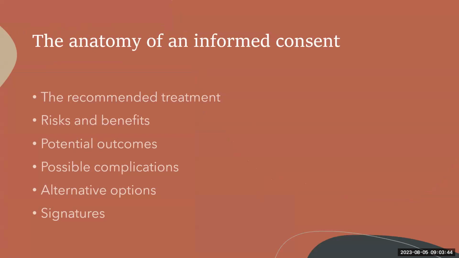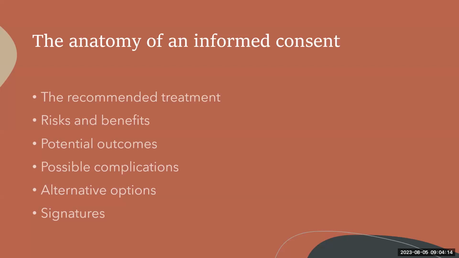It needs to include the risks and benefits of the treatment you are proposing, and the potential outcomes: the most likely outcome, the least likely outcome, the rare issues, possible complications. Any kind of treatment in medicine has potential for complications, and it is very important to discuss that with patients ahead of time. This is usually the time for you to do so.